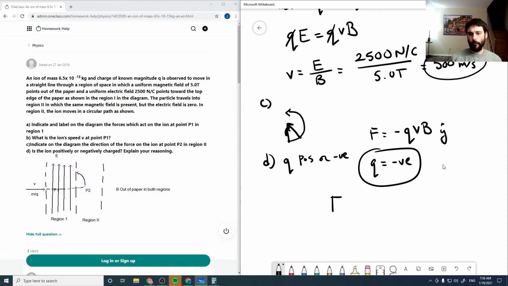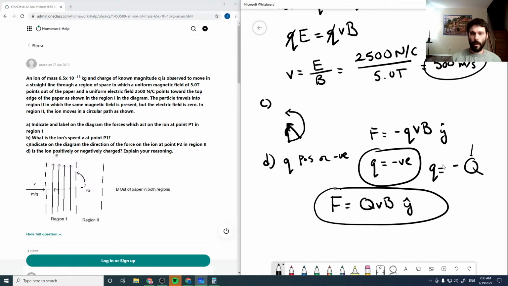Right, and that way our force will be, so it's like Q is minus Q, where Q is the absolute value of the charge. So then F would be QVB in the y hat direction. That way we can get our centripetal motion.